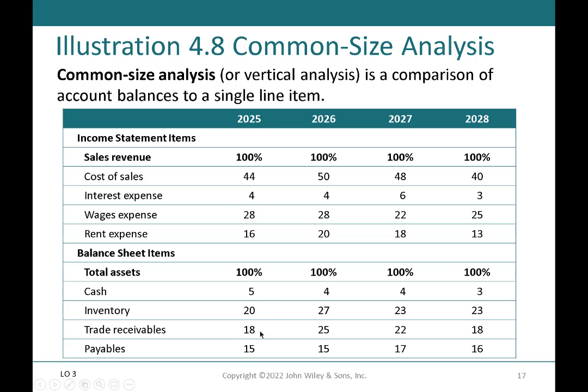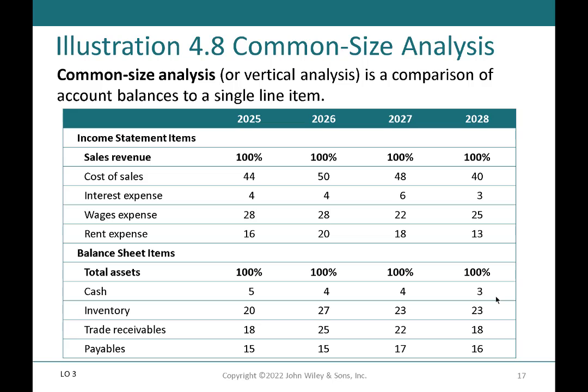So in 2025, cash was 5% of our total assets. So imagine if this company had $100 million in total assets, cash would have been $5 million. All right, so we can see cash has gone down as a percentage of total assets over this period. That might be an indicator that the auditor needs to take a closer look at the cash account. Why is less cash being carried within the company? Maybe they're doing a better job managing cash, so that could be a good sign.